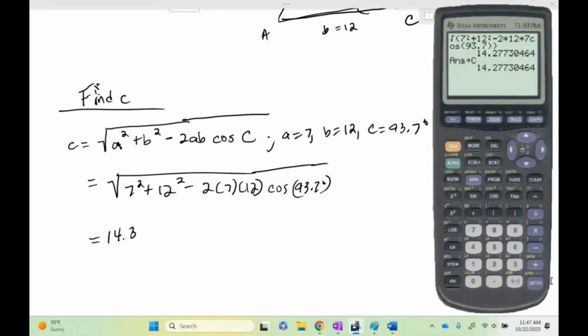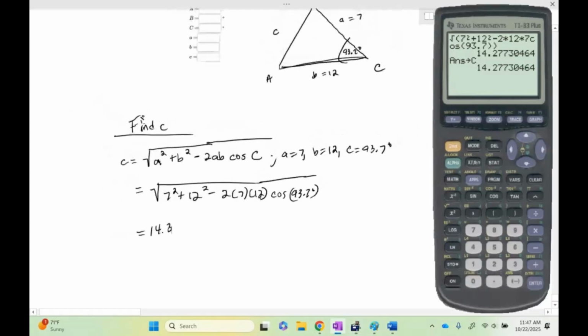You can recall those numbers, the letters through the numbers. I'm going to keep the true value because you may run into some rounding error, so I only want to round the final answer. All right, so we had to find C first.